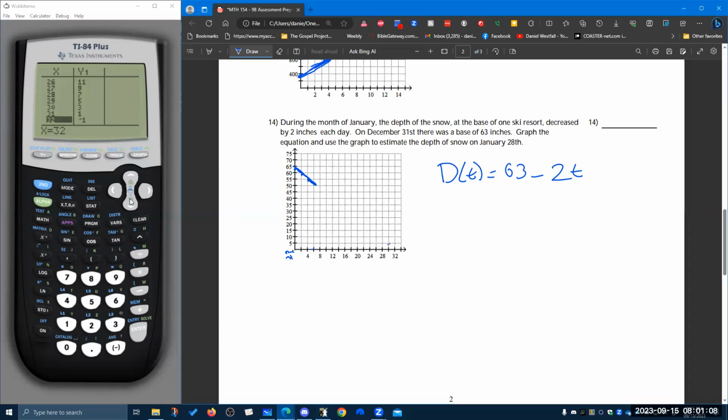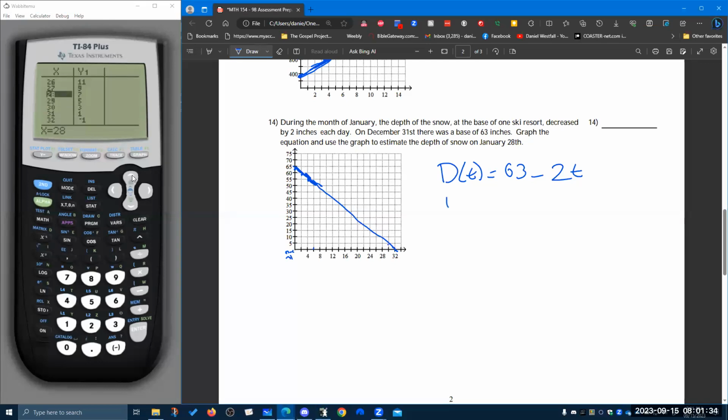And at 32 days, it's -1. Best to draw a straight line here, like so. Okay, we want to estimate what's going to happen on January 28th.